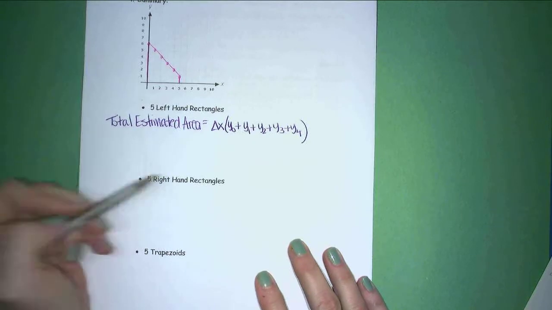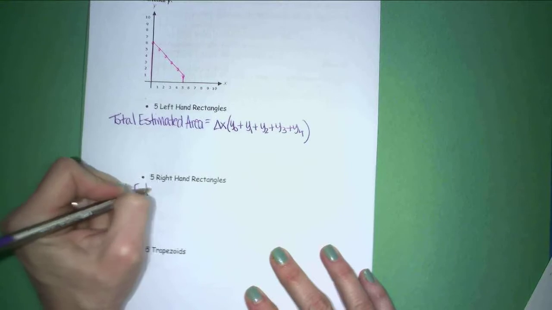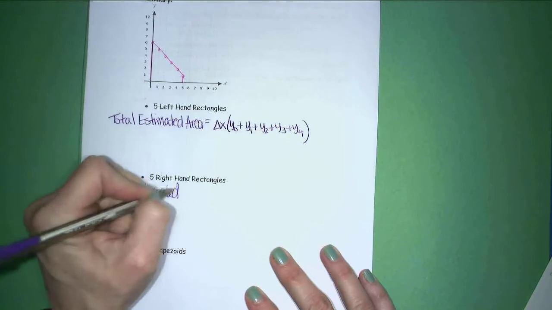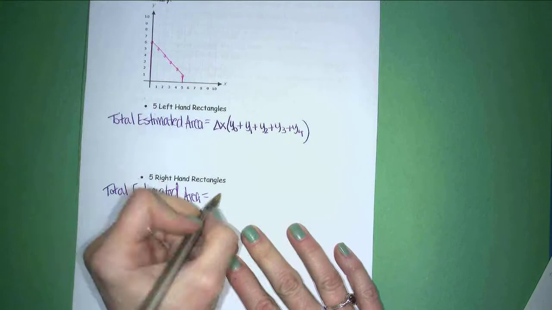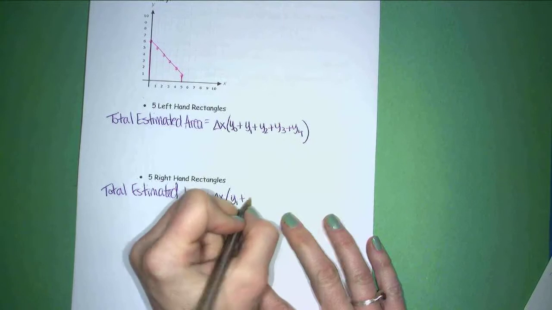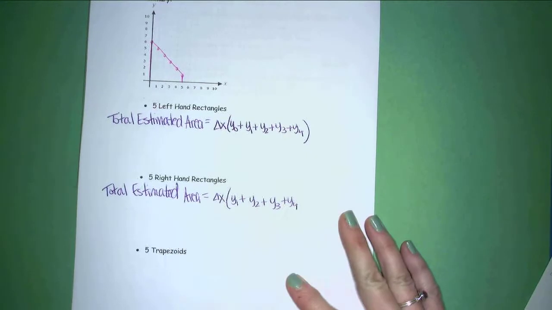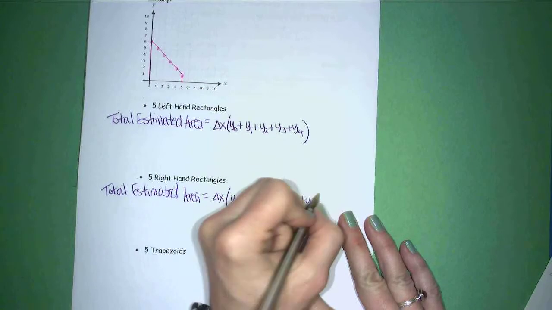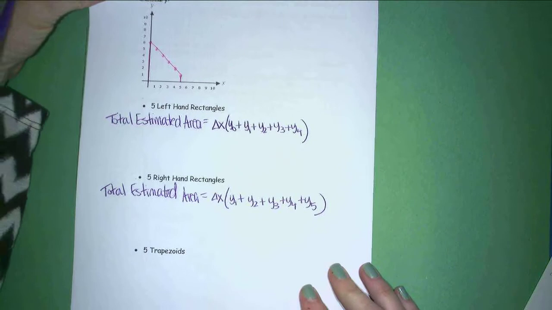For 5 right-hand rectangles, your total estimated area boxed in was delta x times y sub 1 plus y sub 2 plus y sub 3 plus y sub 4 plus y sub 5. And that's boxed in. We already formulated it.